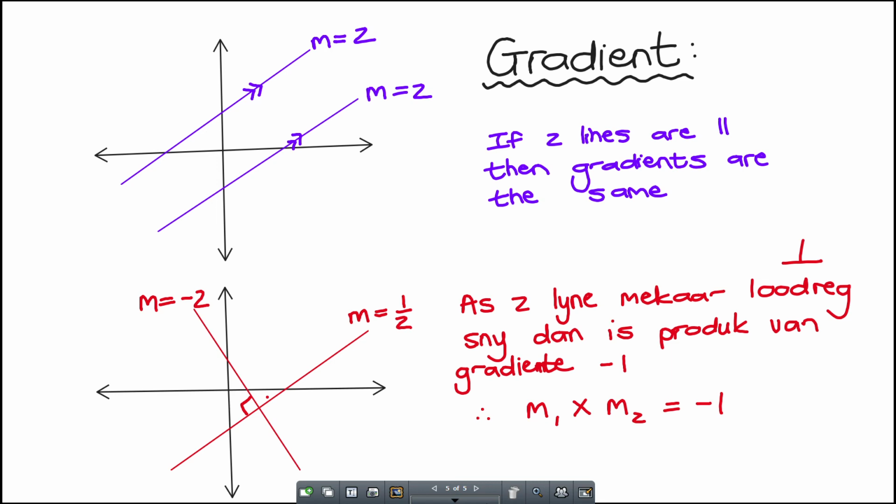So dis een manier van vra. Or, they give you both gradients. And then they say, prove that these lines cut perpendicularly. So wat jy dan doen, is jy gaan wys net vir my, dat as ek hierdie gradiënt vat, en ek maal hom met daai gradiënt, dan gee dit vir my minus 1. En dan het jy vir my bewys dat hy sny met 'n 90 grade.